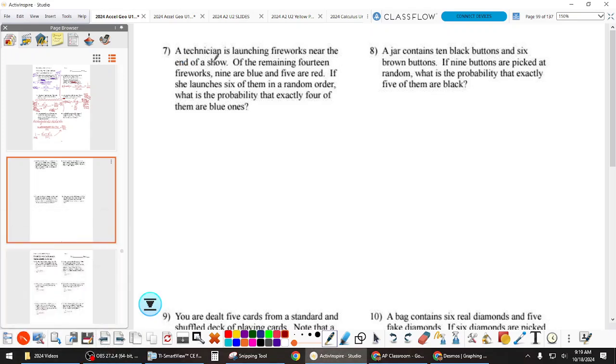So, launching firework. Let's, again, just to reiterate strategy, let's say this is just some random test problem. So, we got to think through or, and, conditional, independent, mutually exclusive, all that stuff. What's going to tell you that this is combinatorics? Random and probability.